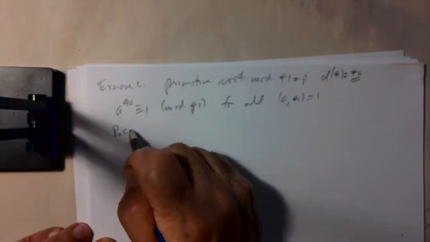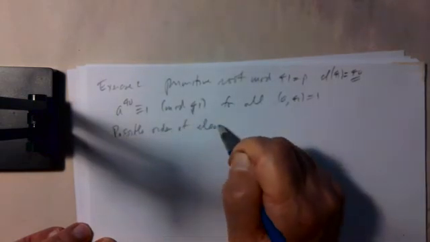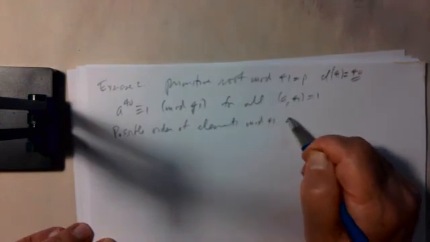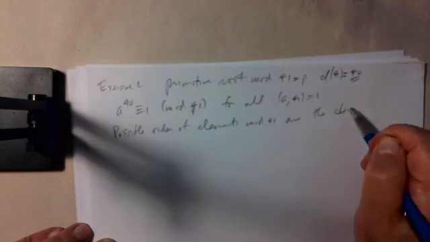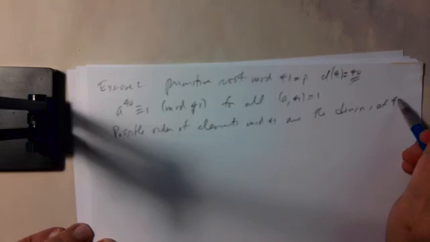So the possible orders of elements mod 41 are the divisors of 40.